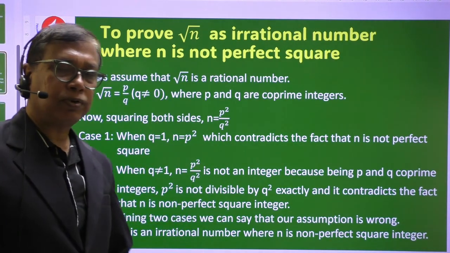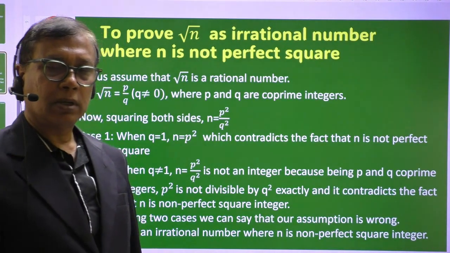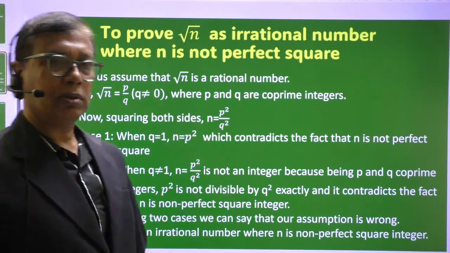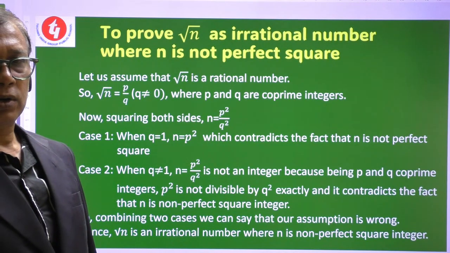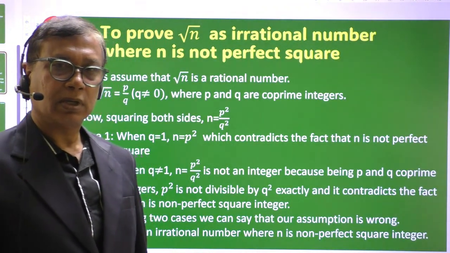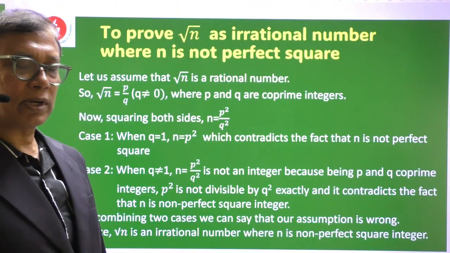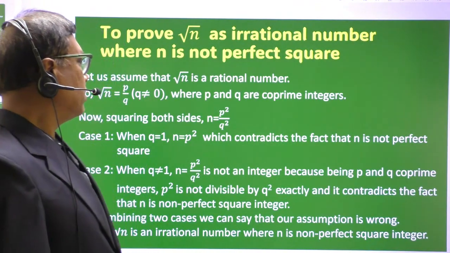So we can prove it in different ways, but here I will show one method which is totally different from those given in different books. It is a totally unique method.